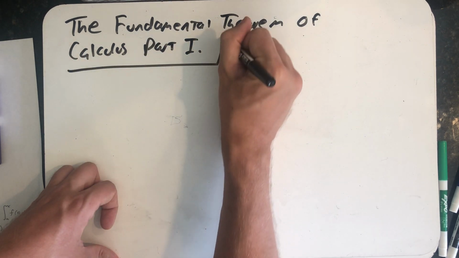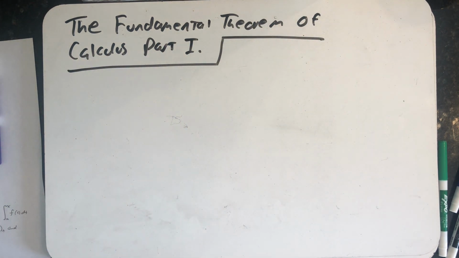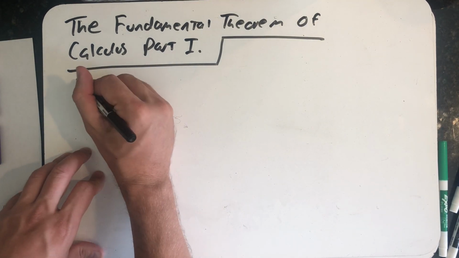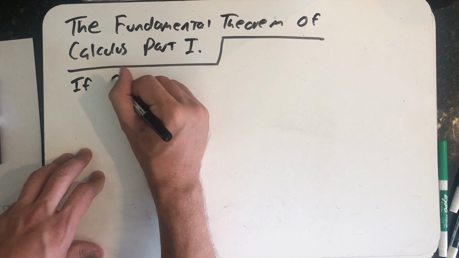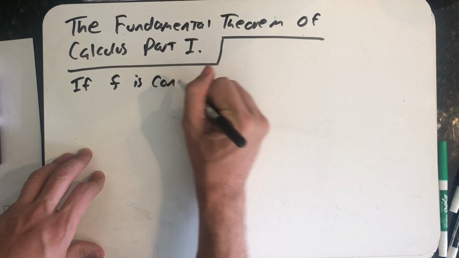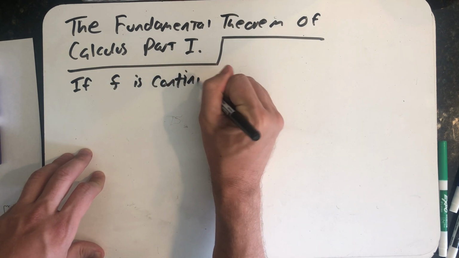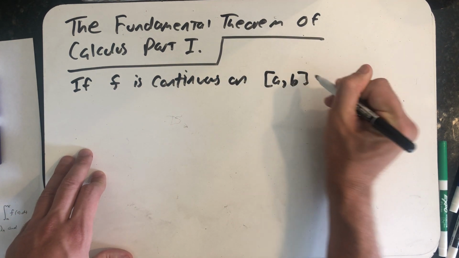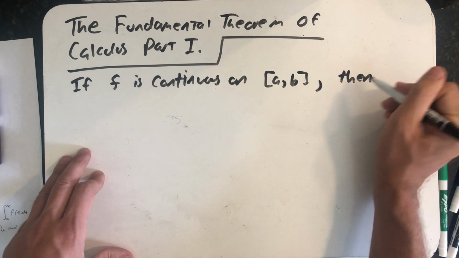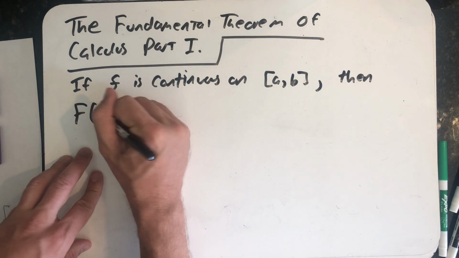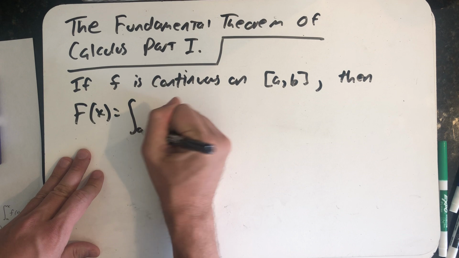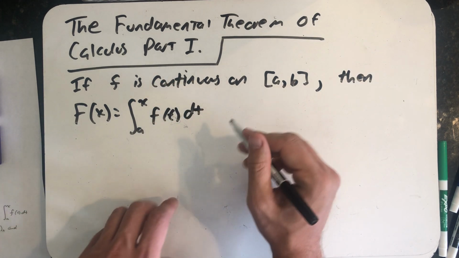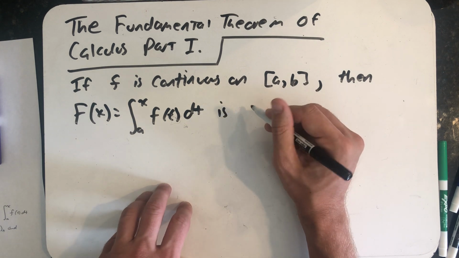In a future video, we will talk about the Fundamental Theorem of Calculus Part 2, but the Fundamental Theorem Part 1 says, if f is continuous on [a, b], then this new function we've created, big F of x, is also continuous on that closed interval.